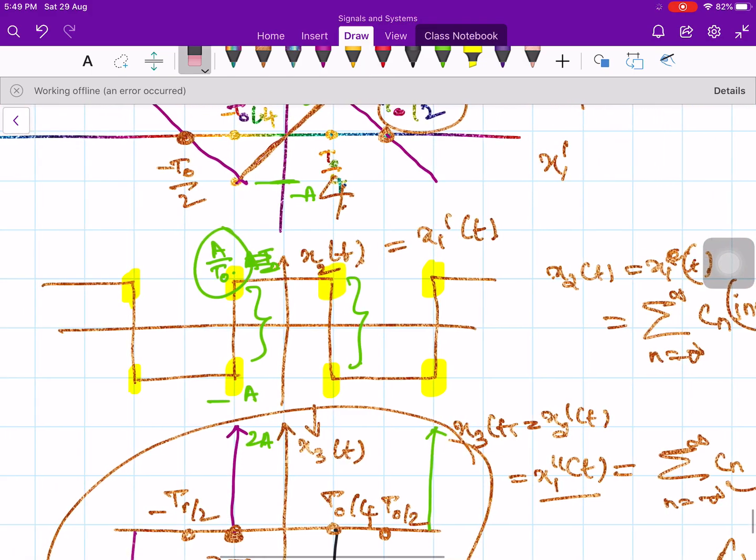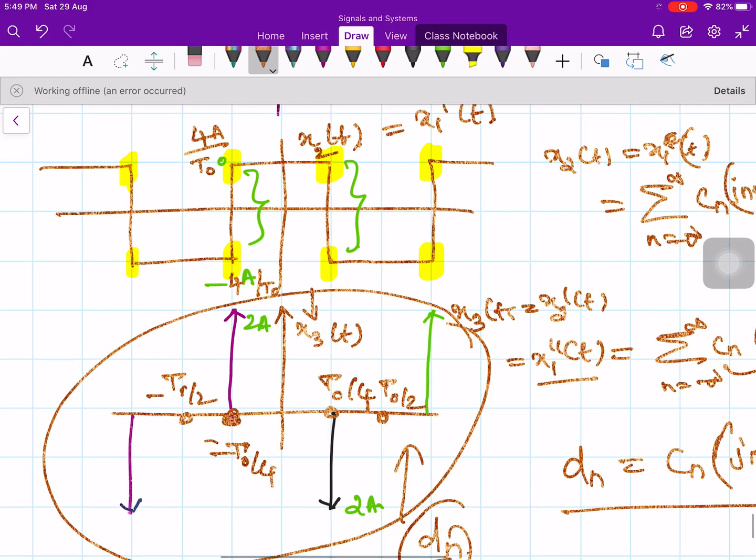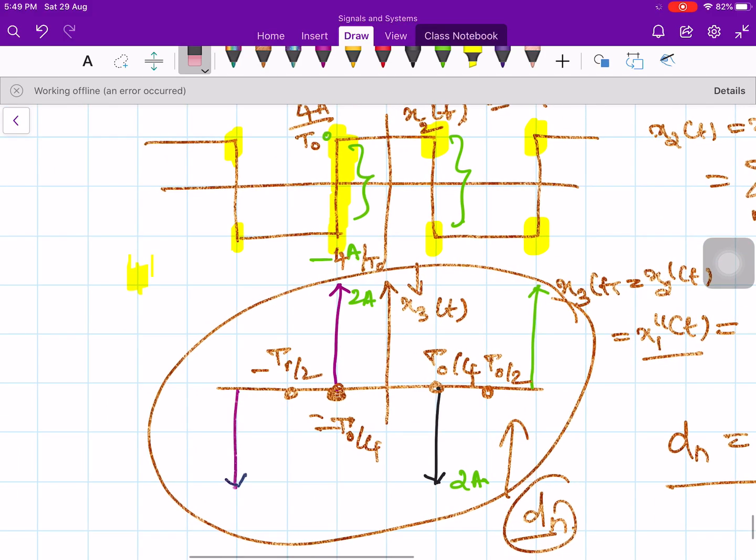So the height is 4a by t naught, and this one is minus 4a by t naught. Now what is the total jump here? If you look from here to here, the total jump is 4a by t naught minus of minus 4a by t naught.